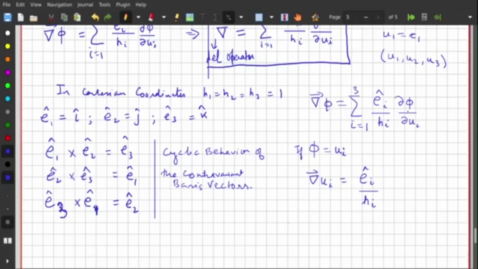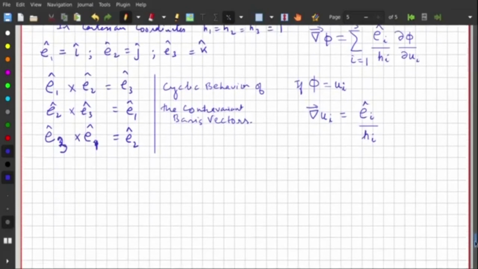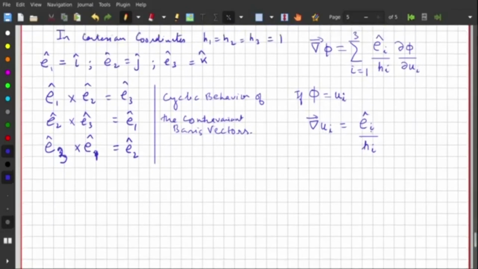The cross terms will not be there, because the derivative of, let's say, u1 with respect to u2 will be 0, because u1 and u2 are orthogonal and they're independent coordinates. So grad of u_i will become e_i hat by h_i. h_i is the scale factor. So the magnitude of grad of u_i is the magnitude of e_i hat by h_i. Since this is a unit vector, this becomes 1 over h_i.